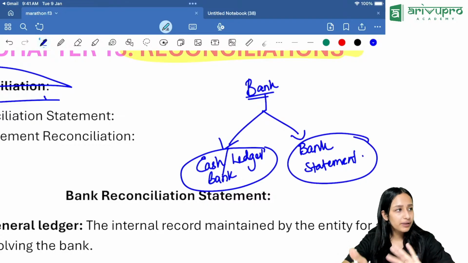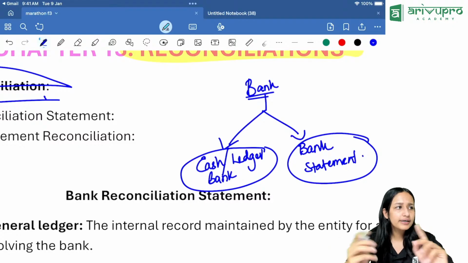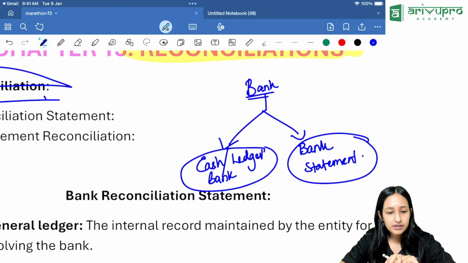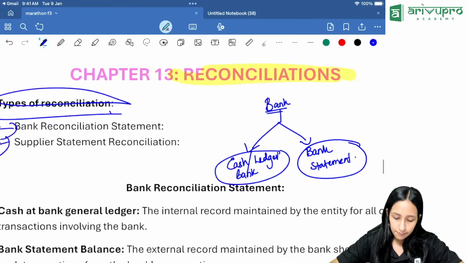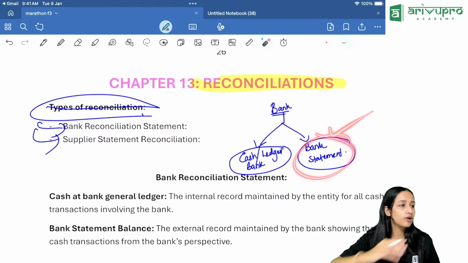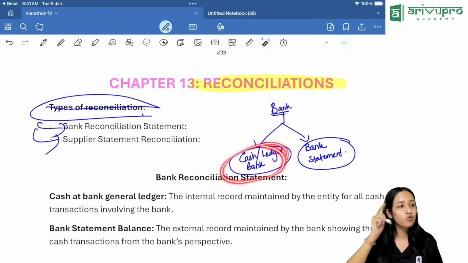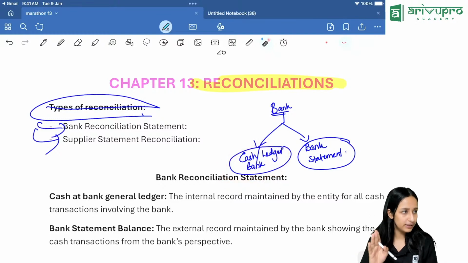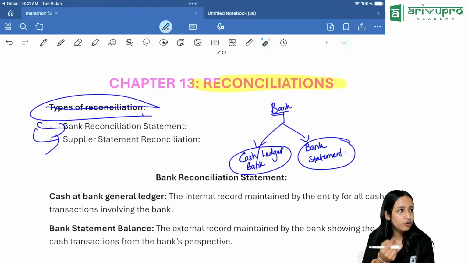At the end of the period we need to compare whether both of them tally, because ideally they have to tally. If something is not tallying, then something is wrong and we need to figure out what that is. We always make sure that the bank is right. It is you who is wrong. That is what we believe here. So if it doesn't tally, then it is not the bank's fault. You might not have included something.